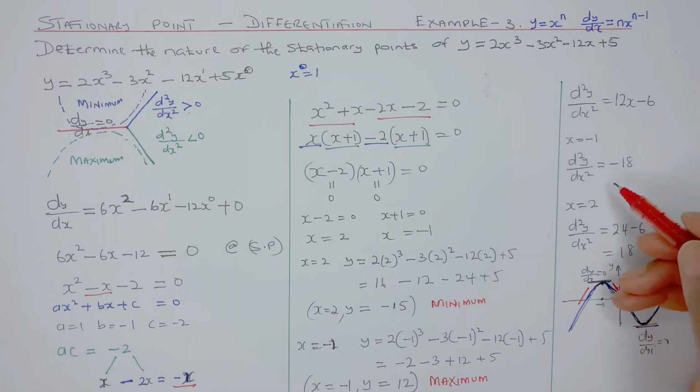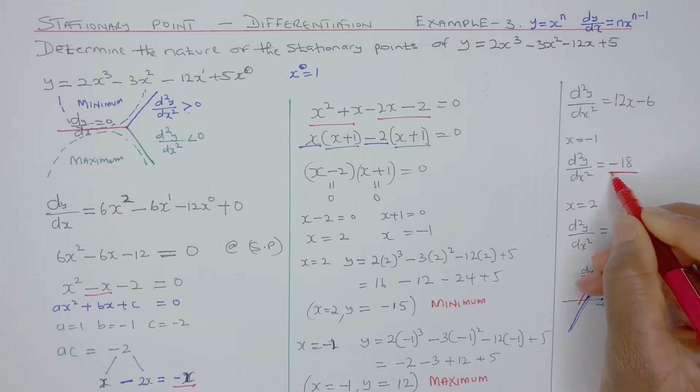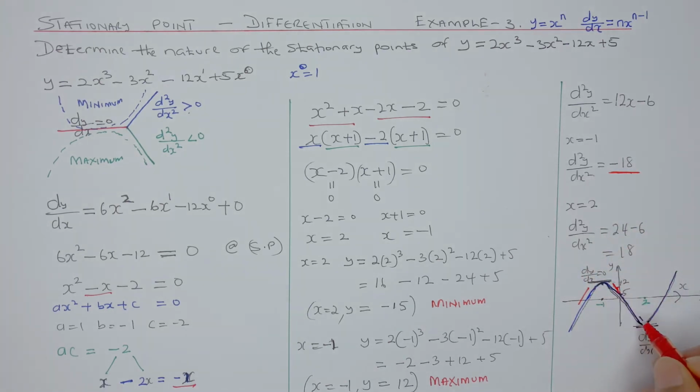The gradient is negative here and positive there. So this is where dy/dx equals 0, and this is where d²y/dx² is greater than 0. So that's positive.